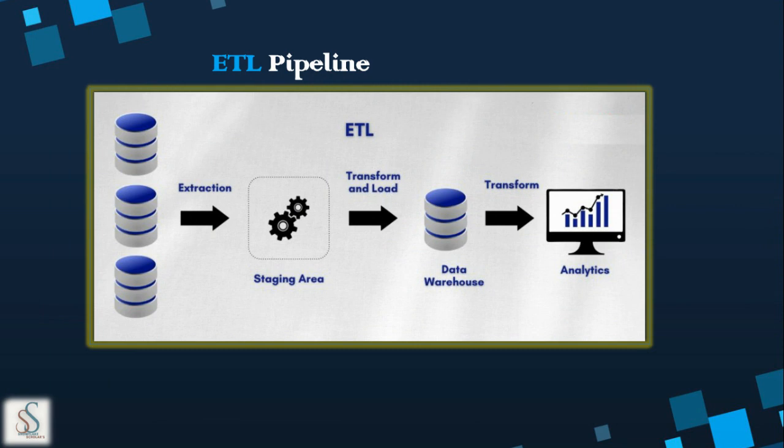What is transformation? Transformation is nothing but some activities that you do on the data, like cleansing. Cleansing is filling up column values. If they are empty, you fill them with some default values, or with null values, or with empty strings.